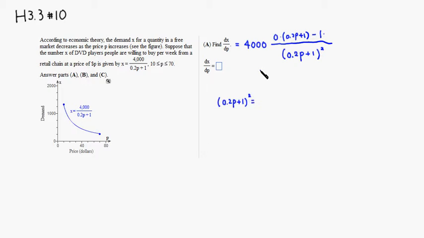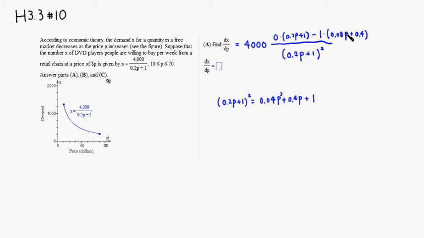If you multiply it out, the square would be 0.04 p squared plus 0.4p, and 1 squared would be 1. The derivative of that, putting the 2 in front, is 0.08p plus 0.4.